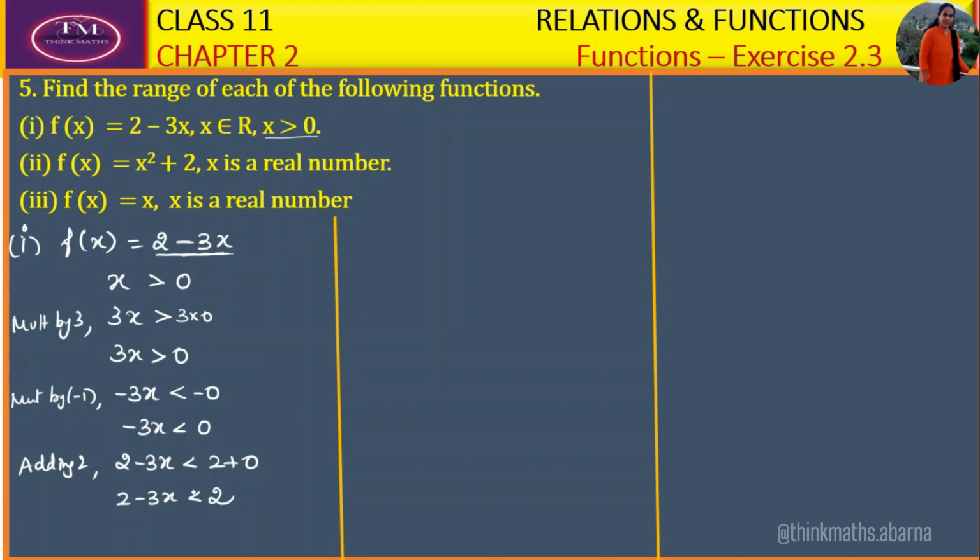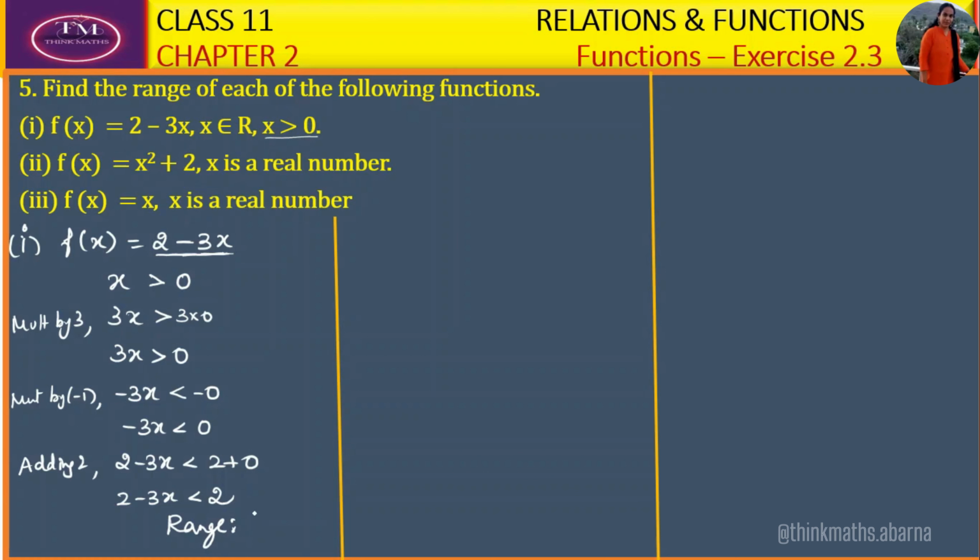So this 2 minus 3x is less than 2. It will take all the values less than 2. So here 2 is not included. As it is less than 2, 2 is not included. So range will be, 2 is not included. So you have to write with the curly bracket.